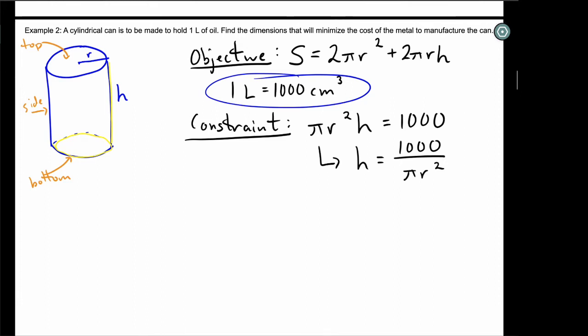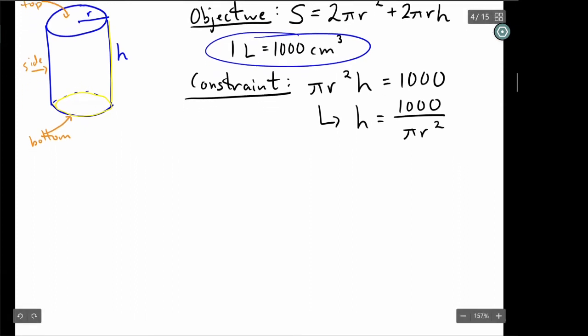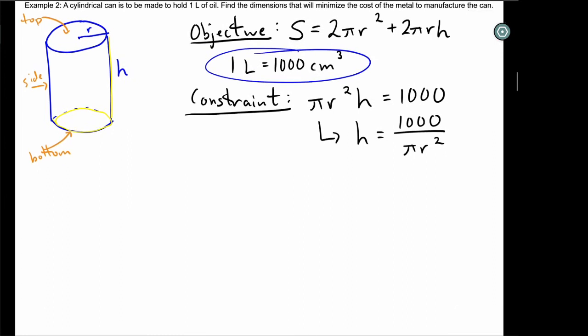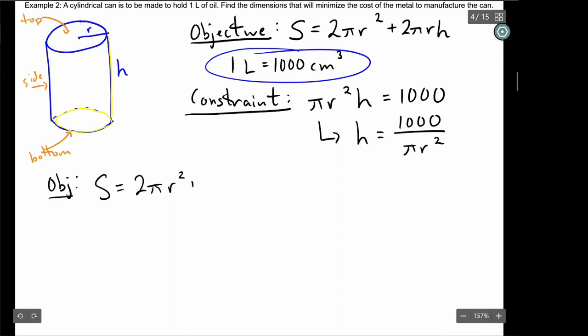Now that we have that, we're going to plug it into the objective function, just like we did before. So the objective now becomes s equals 2 pi r squared plus 2 pi r times 1,000 over pi r squared.